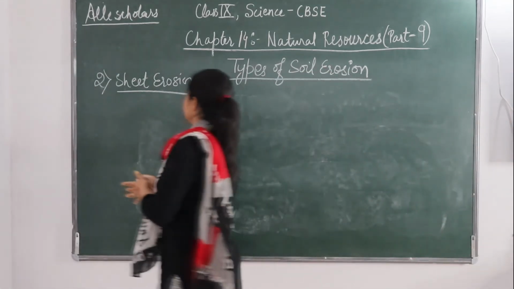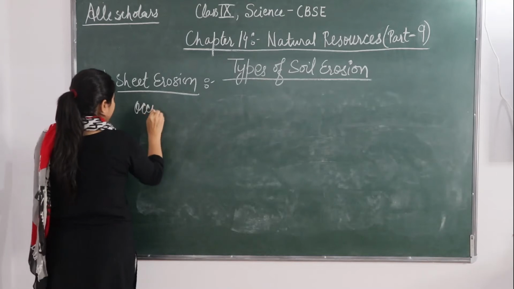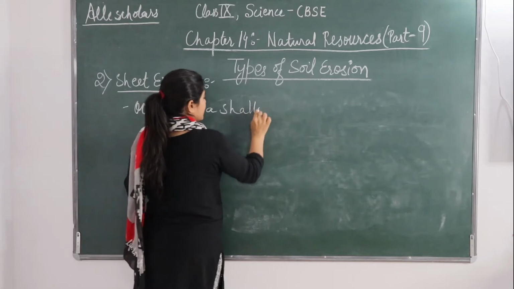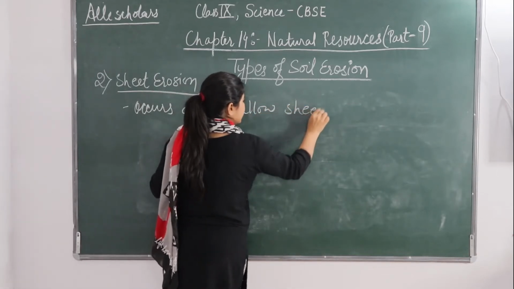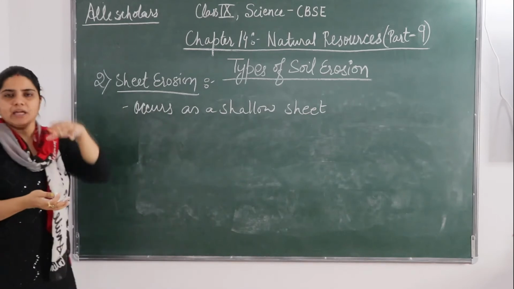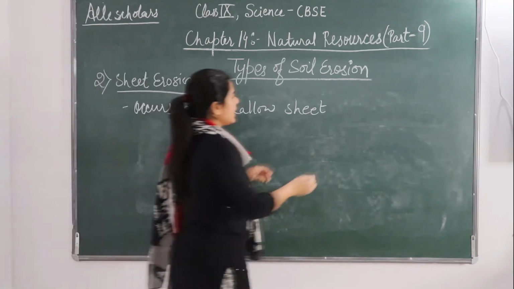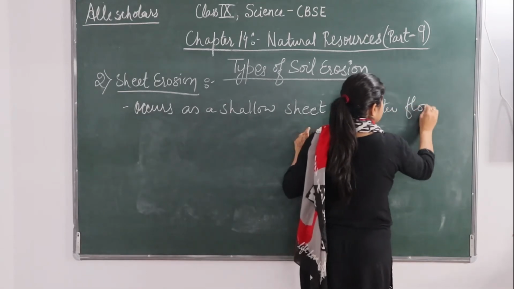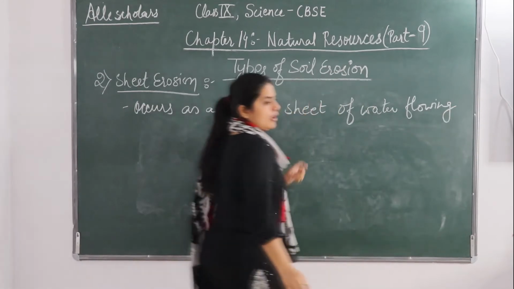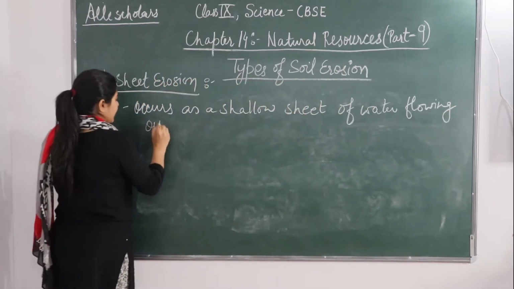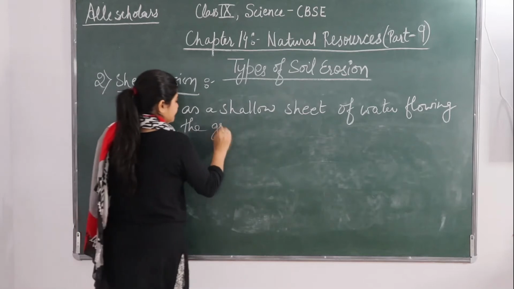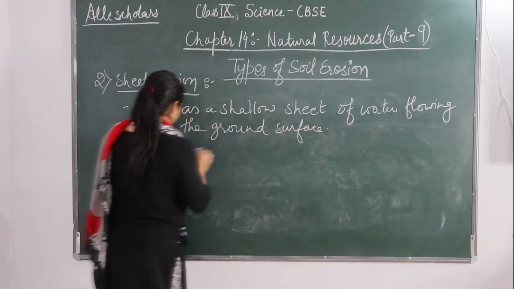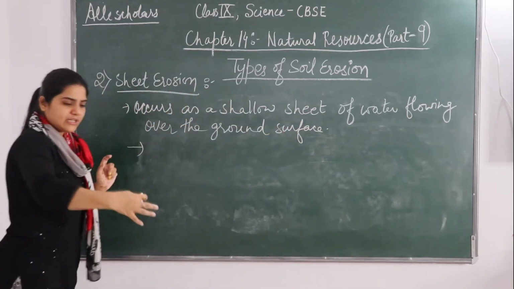So if we talk about sheet erosion, it occurs as a shallow sheet. Some small and large shallow sheets of this type will form because of the water flowing over the ground surface. Fine. So water is flowing over the ground surface.